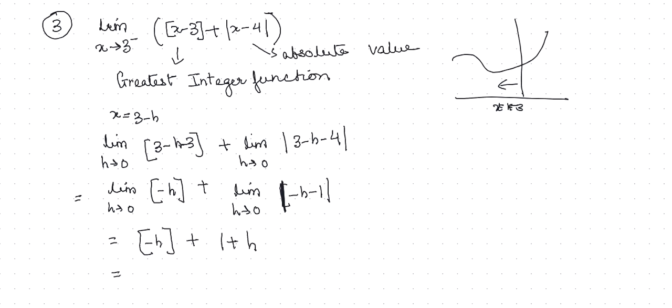So this is -1 and limit h tends to 0. So this is -1 and 1 plus 0. So this gives out C. Here absolute value of negative h minus 1 would be 1 plus h.